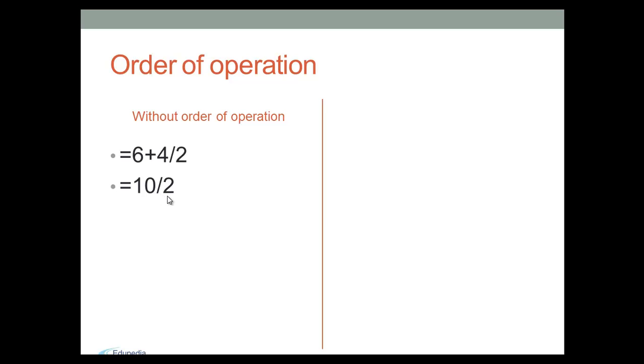Then 10 will be divided by 2. So the result will be 5. But in Excel, which uses the order of operation, the formula will be calculated in a different way, so that division will take place before addition.